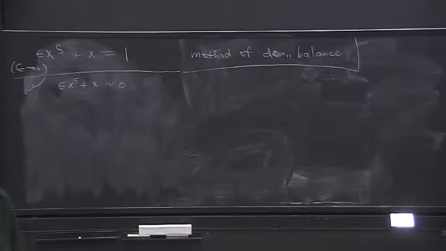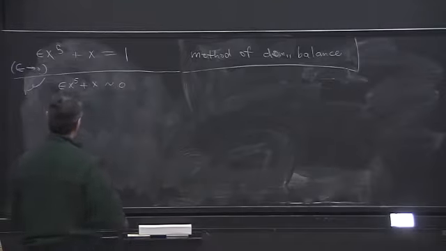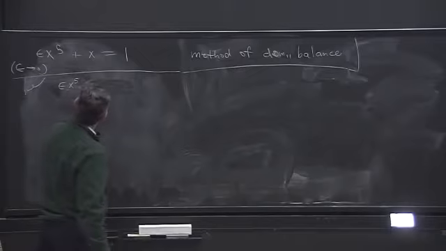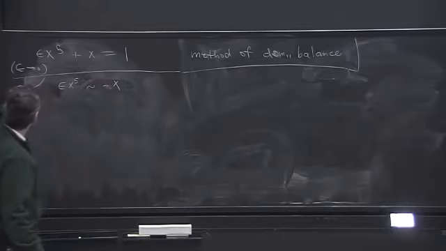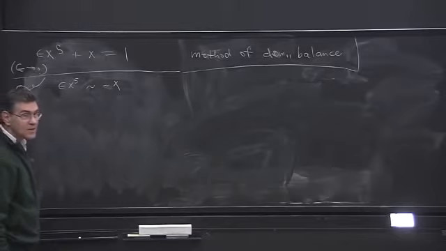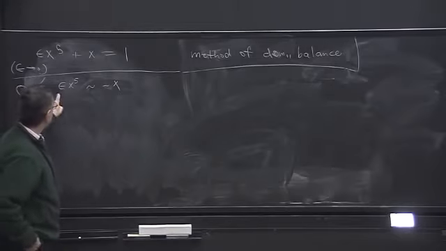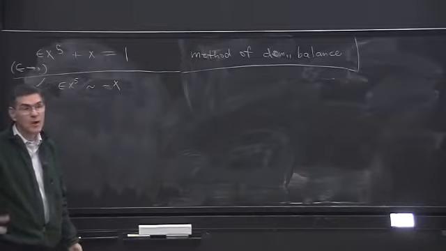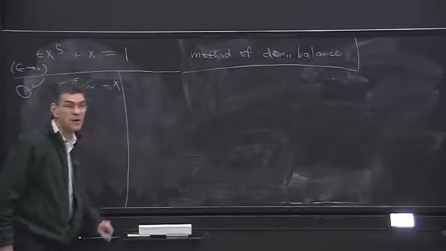Nothing is asymptotic to 0. So let's be more careful. If we can throw away 1, then it must be that epsilon x to the 5 is asymptotic to minus x. That's one possibility. We don't know if that's a correct possibility.